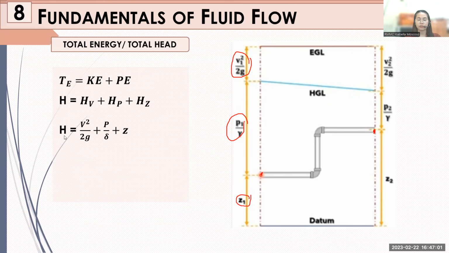So total, that is just V squared over 2G plus P over gamma plus Z. Or sa libro, mas kilala ito as a variable E. That is the total energy or total head of a specific problem.